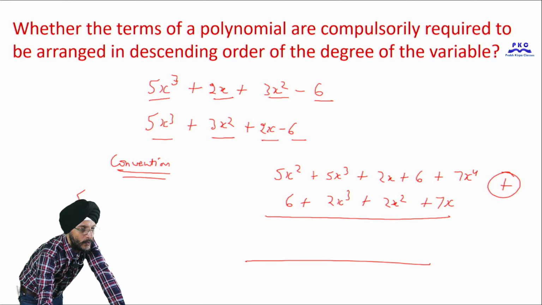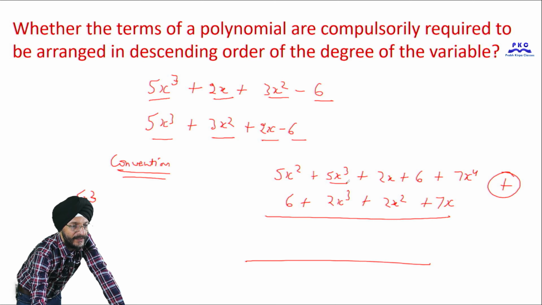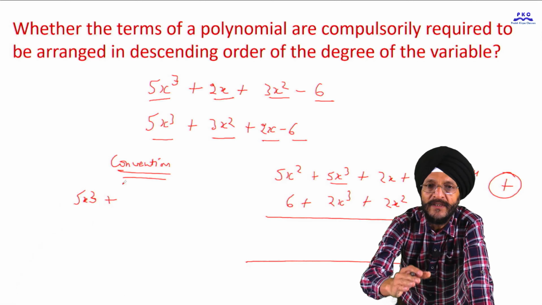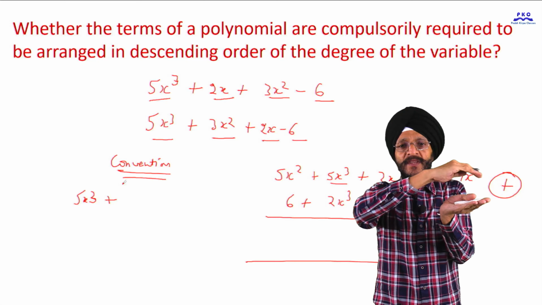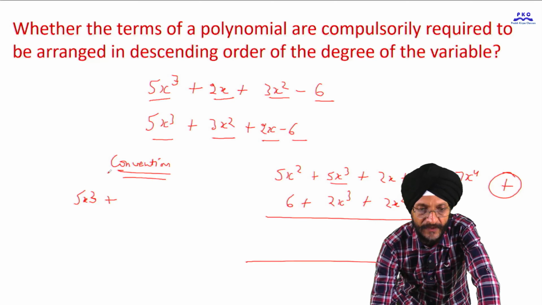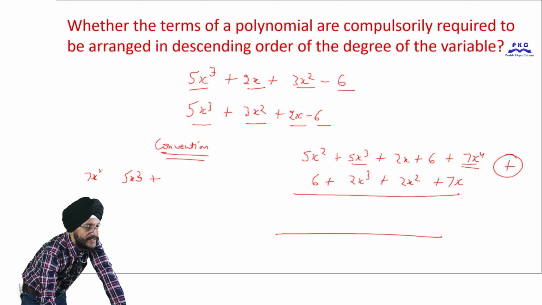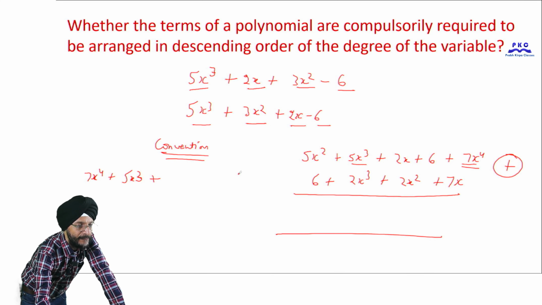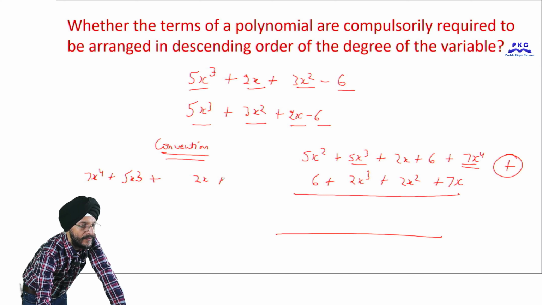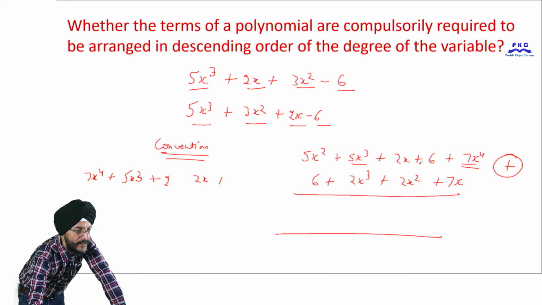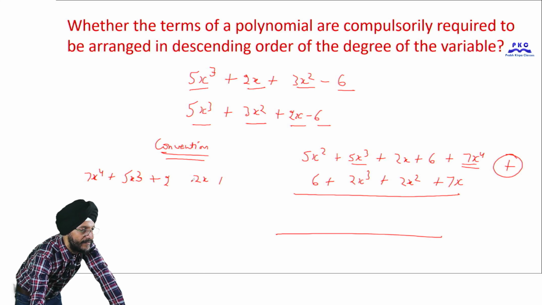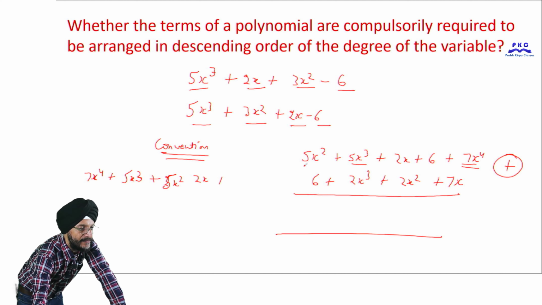No. We will have to do addition in this way, that we will write the polynomial with the highest power first, where the term with the highest power of the variable comes first. Here it is 7x to the power 4, then comes power 3, 5x cube, 5x square. Here comes 2x, then comes plus 6.